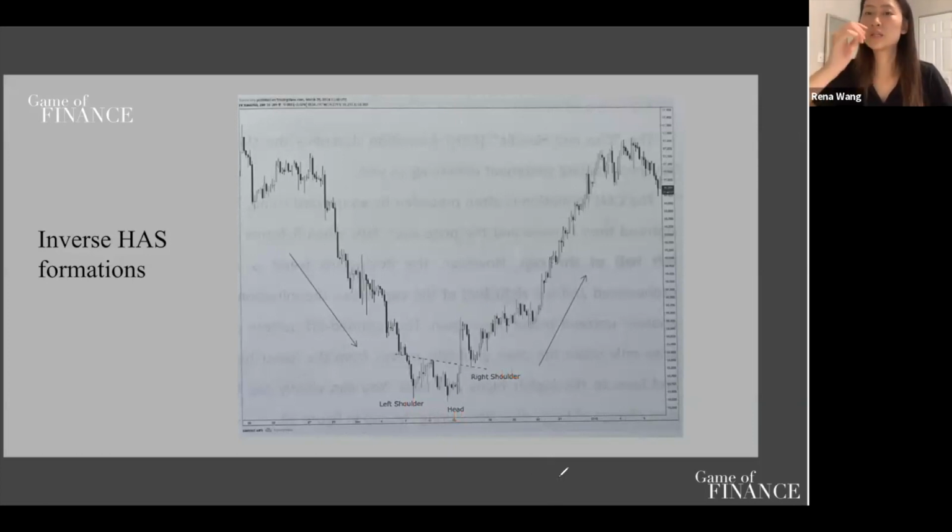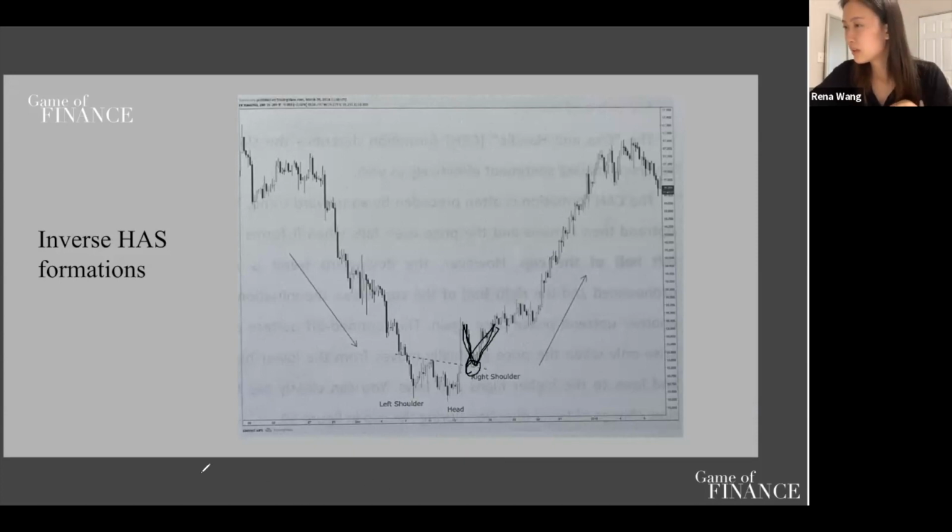And this image basically is just the inverse head and shoulder formation that is observed at the end of a downward trend, which is a trend reversal, and a new upward trend starts at the break of the neckline. So I would argue that this will be the retest here, because of the neckline. I will argue that this is a retest.